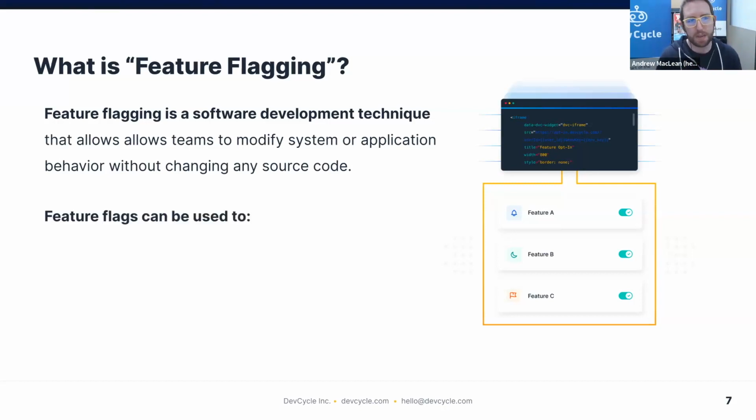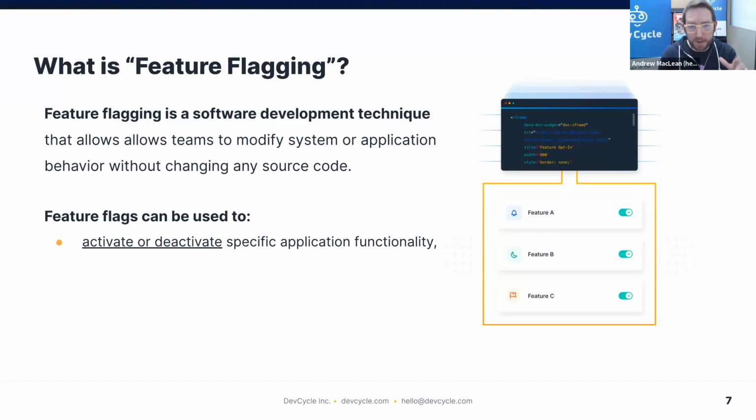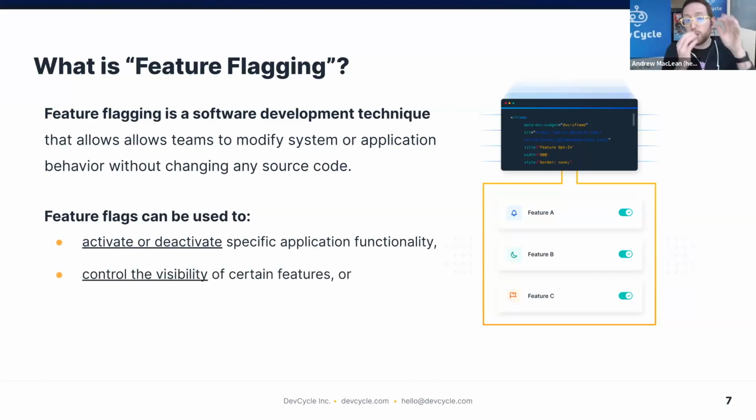There are a bunch of purposes of feature flags. You got a preview of it in my little infomercial at the very beginning. But feature flags have three main purposes, three ways you can think of them being used at a top level. The first one is to activate or deactivate some specific function within your application or system. The second is controlling visibility of certain features.